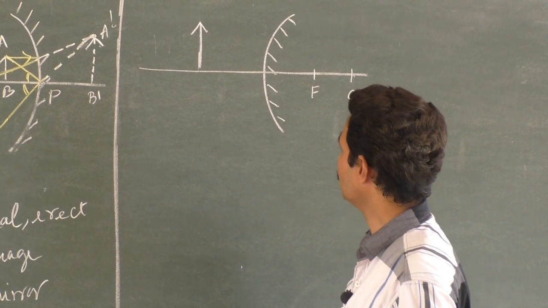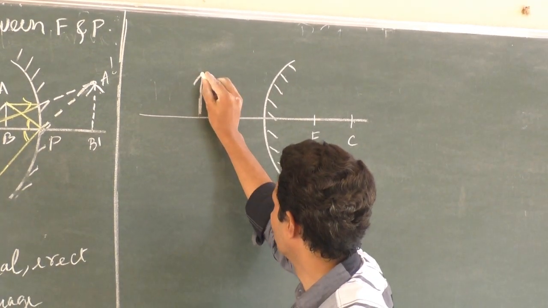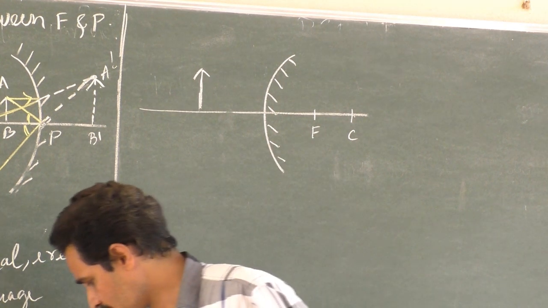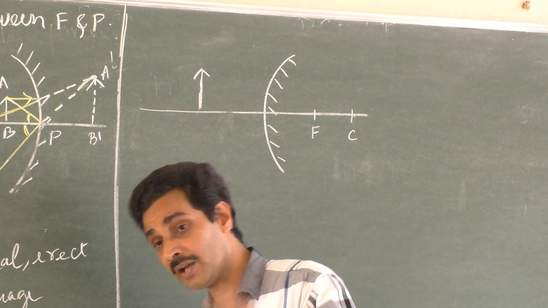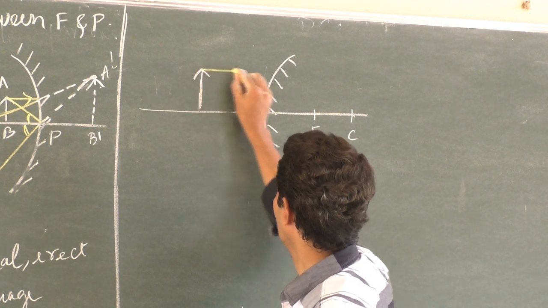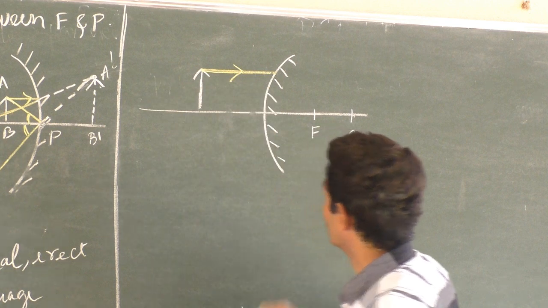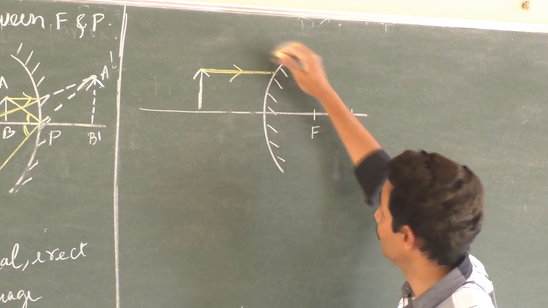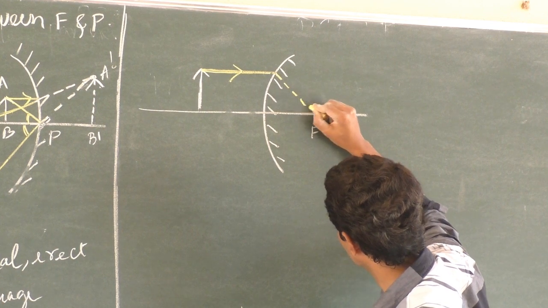Okay. Take two rays of light. One parallel to the principal axis. After reflection it passes through the focus in a concave mirror. Here it appears to diverge from the focus. Any ray of light passing parallel to the principal axis. So before getting reflected, you just confirm that this is a line which is towards the focus.